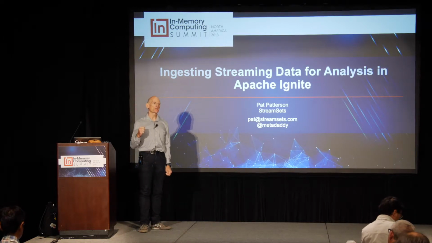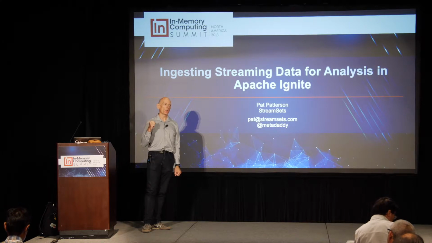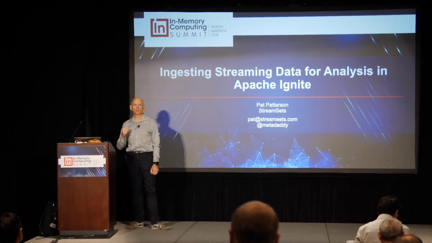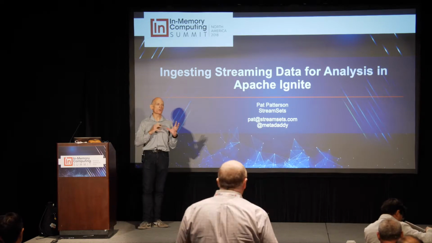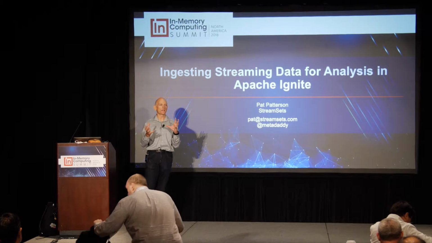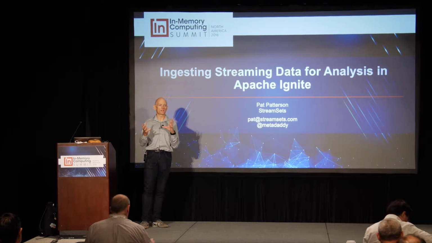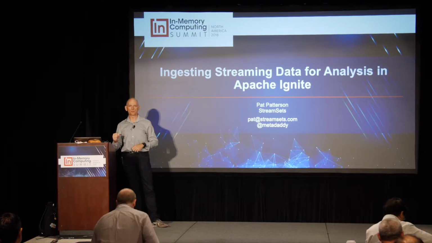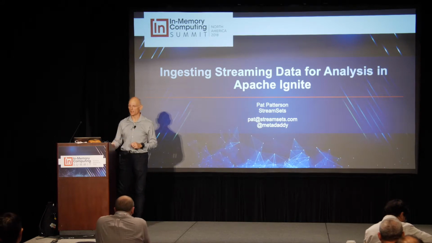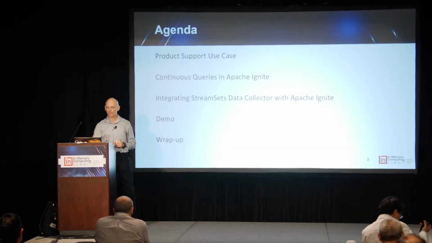And I'm going to focus this afternoon on working with streaming data in Apache Ignite. I'm going to talk about how you can operate on it as it's arriving into the grid. And I'm going to talk about how to get streaming data into Apache Ignite.